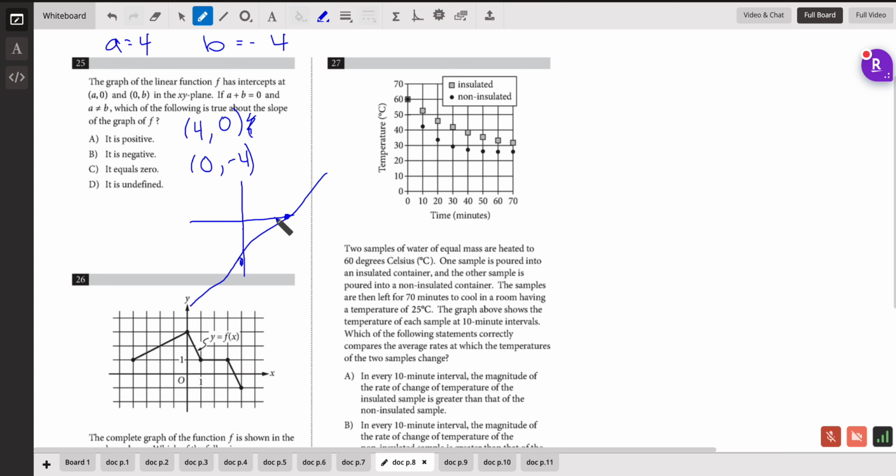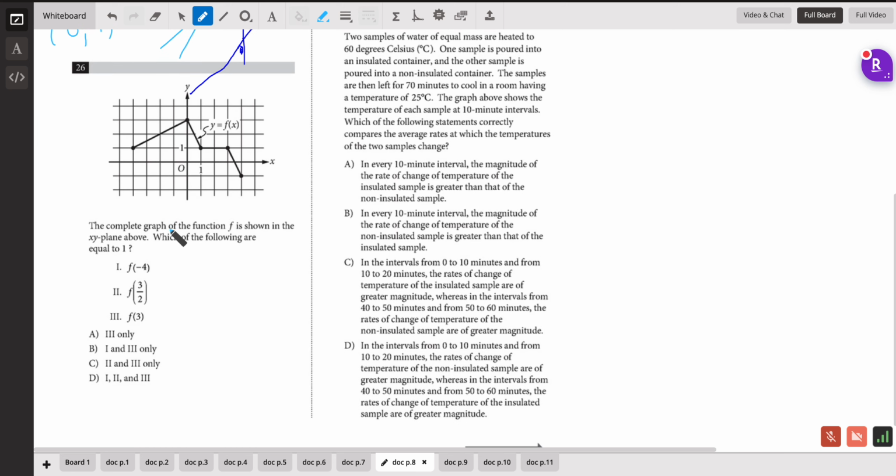So you could stop there, or you can go ahead and double check it again. Let's say now a is -4 and b is 4. So that would give me (-4, 0) and (0, 4). So -4, 0 would be 1, 2, 3, 4, and 0, 4. Oh man, I cannot draw lines on this. But either way, it's going to be positive.